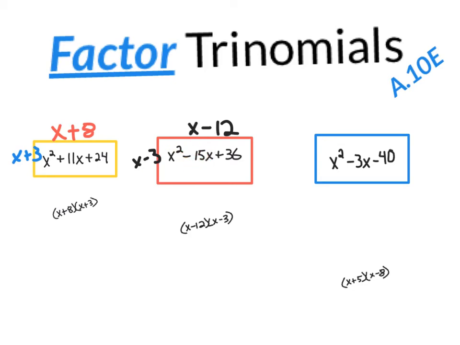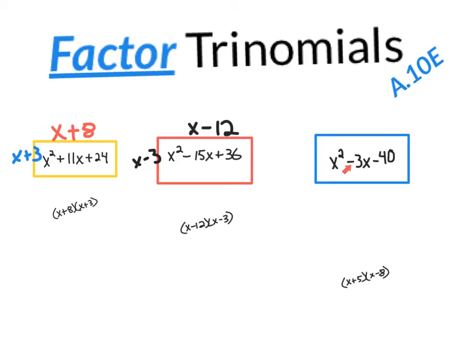I want you to see here the relationship between these binomials and the trinomial. Again, what we're doing is starting with the trinomial and factoring it to get back to the factors, which are the binomials that we multiply together to get that trinomial. Let's take a look at the last example on this page.